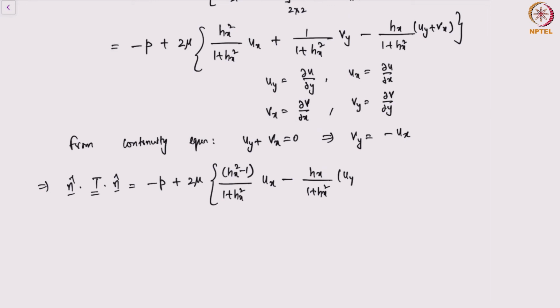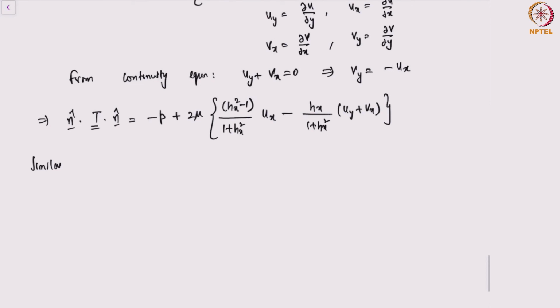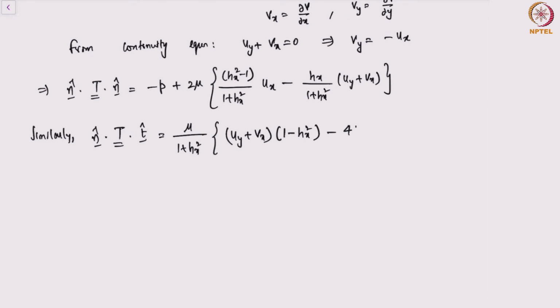I can also derive the expression n dot capital T dot t to be mu by 1 plus hx square into uy plus vx times 1 minus hx square minus 4 ux hx.